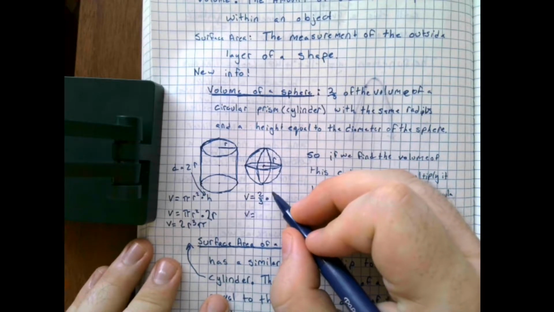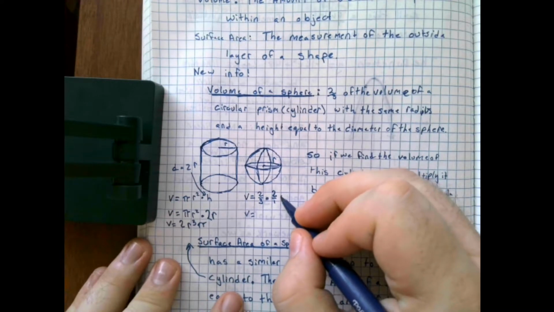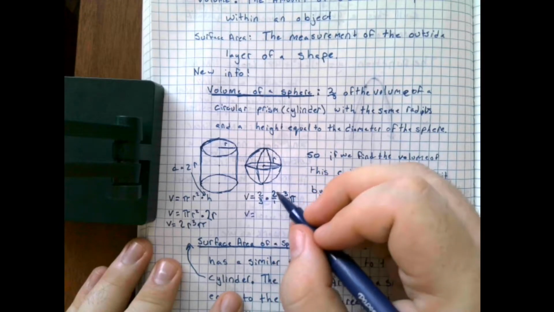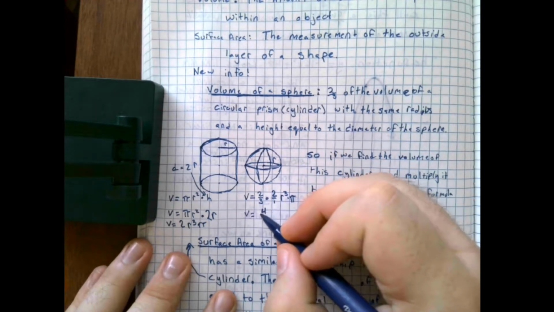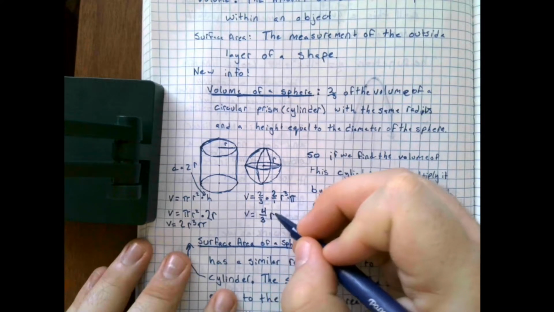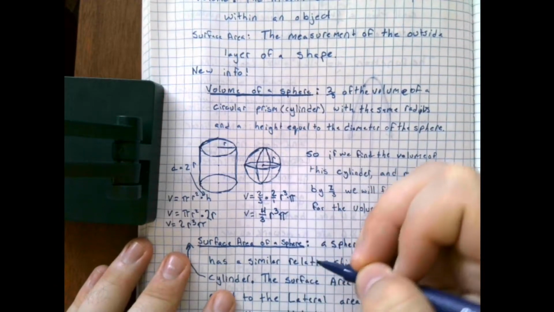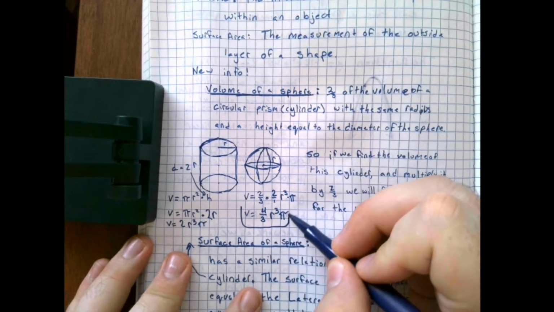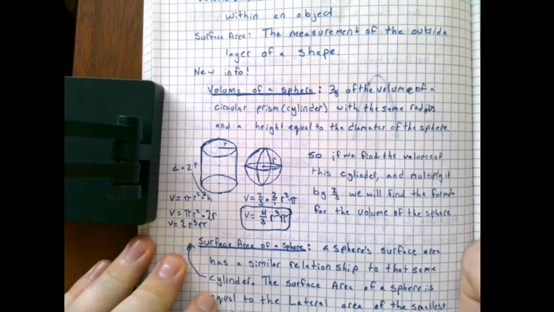So we have 2/3 of 2, I'm going to write 2 as 2/1, radius cubed times pi. If we multiply the top by the top, that's 4/3 of the radius cubed pi. And that's our formula for the volume of a sphere. Volume is equal to 4/3 the radius cubed times pi.